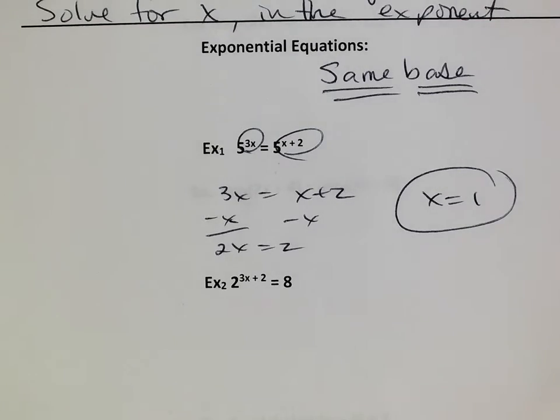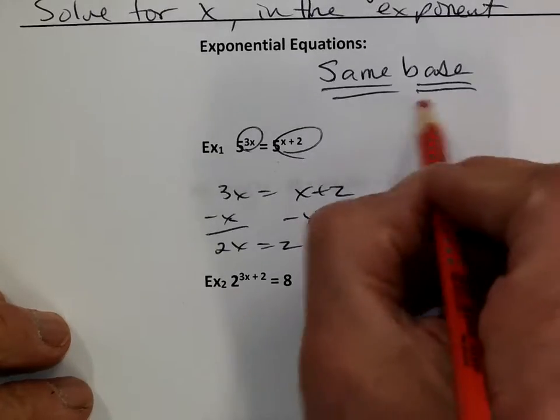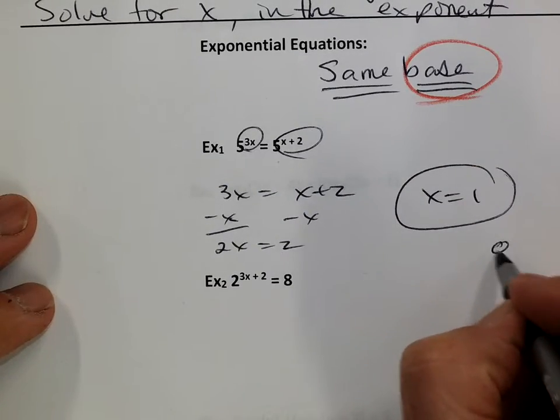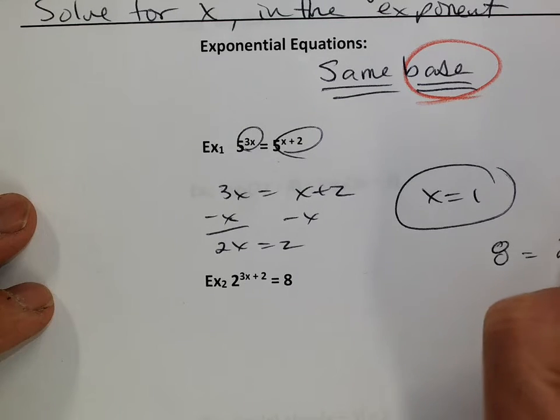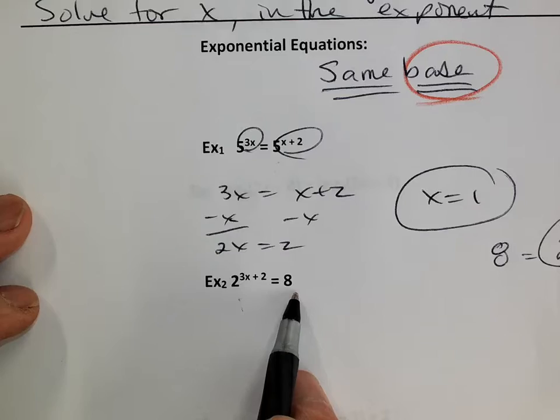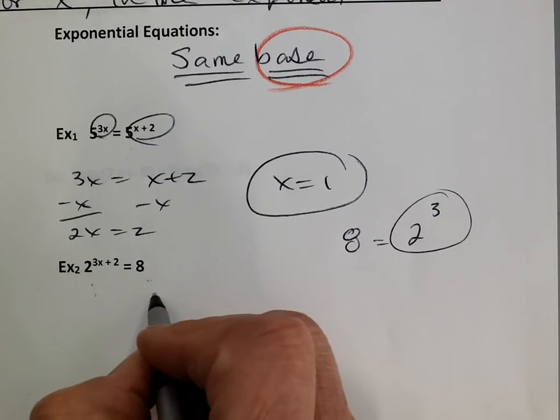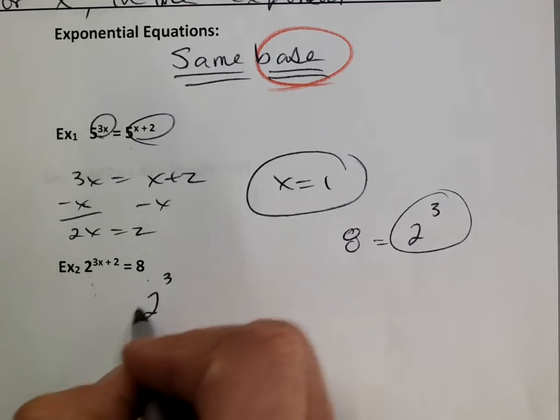Now number 2 is also going to be the same base. But right now it doesn't look like they're the same base. With a little bit of being smart, we know that 8 is the same thing as 2 to the third power. If I do that, then I'll make them both the same base. So let me rewrite my 8 as 2 to the third power.